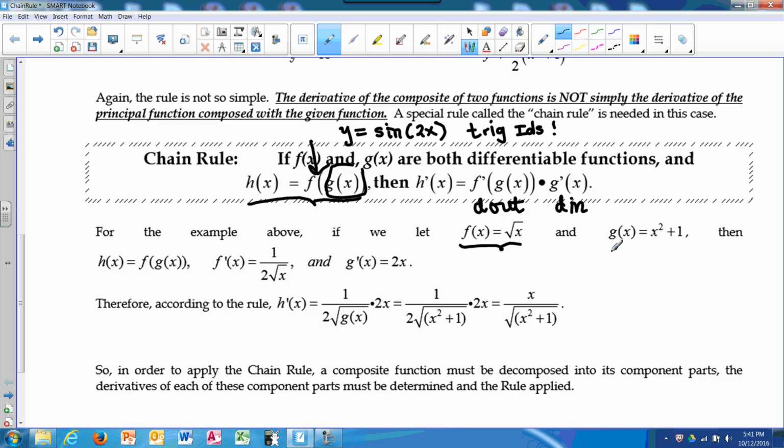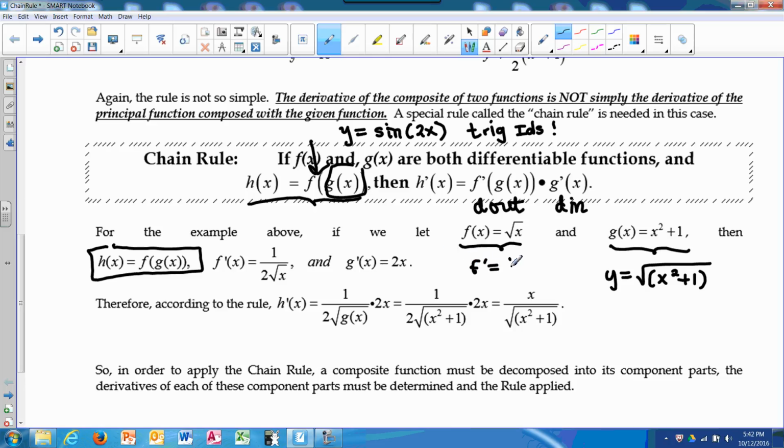So we're going to think of the above function that we had as the square root of x composited with x squared plus 1 on the inside. So remember, our original function at the top of the page was the square root of x, and we're going to composite inside of that the x squared plus 1. So that makes the function at the top of the page a composition like this one.